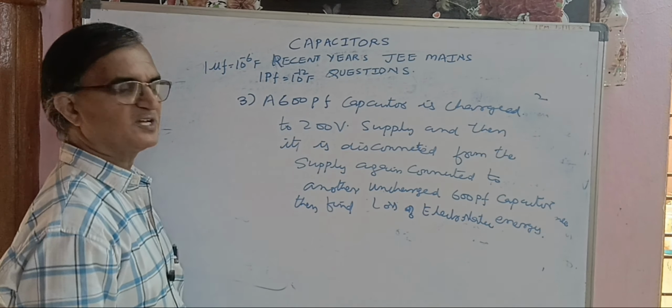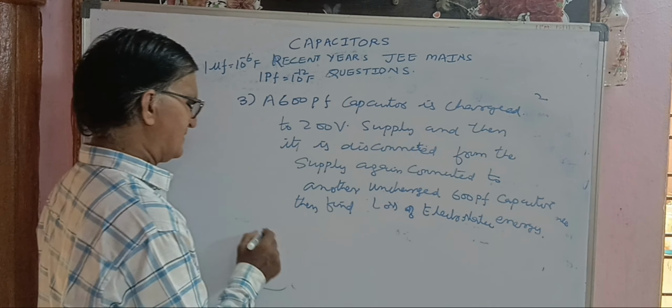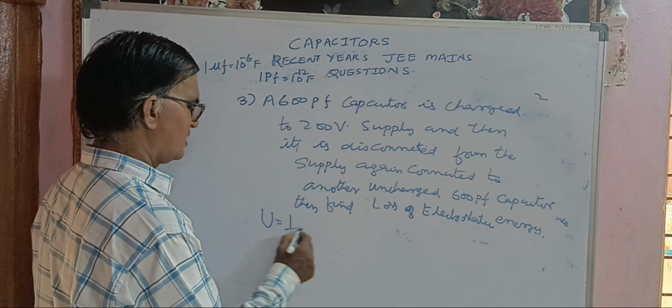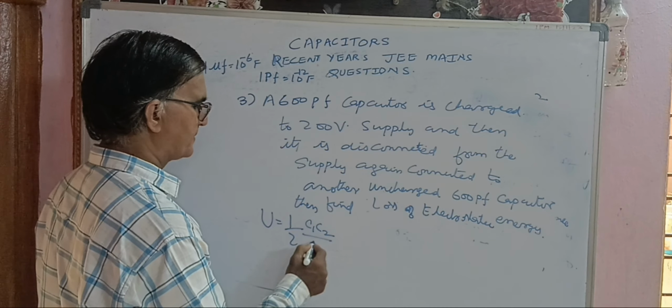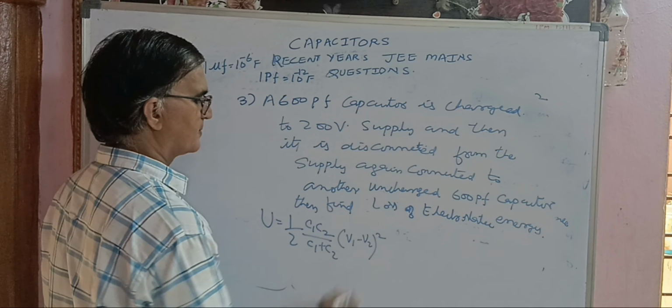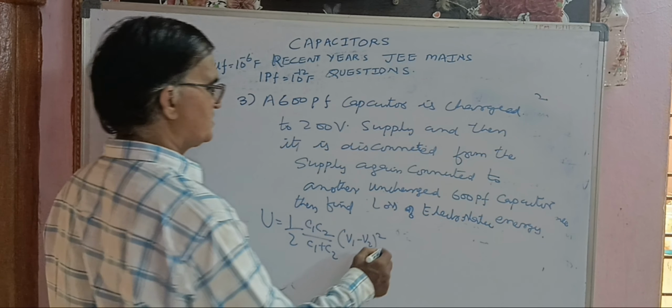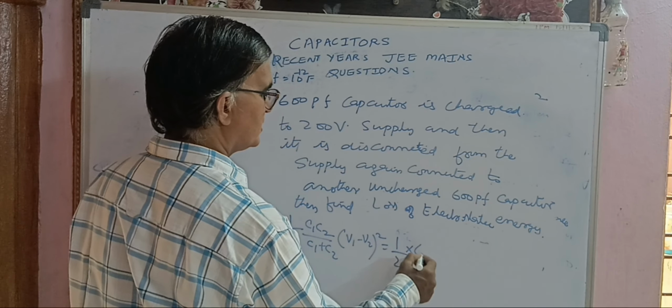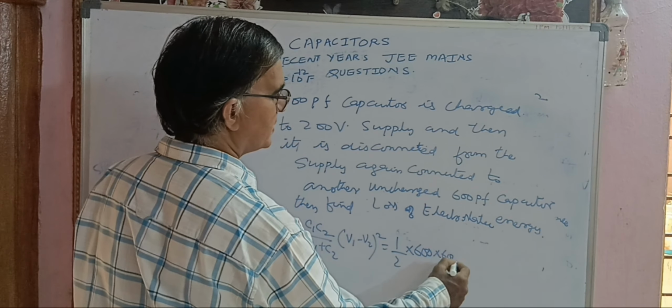So loss of energy, you can calculate common potential and do it. Otherwise, direct situation here: half C1 C2 by C1 plus C2 into V1 minus V2 whole square. So what is C1 C2? You got here half into 600 into 600 picofarad.